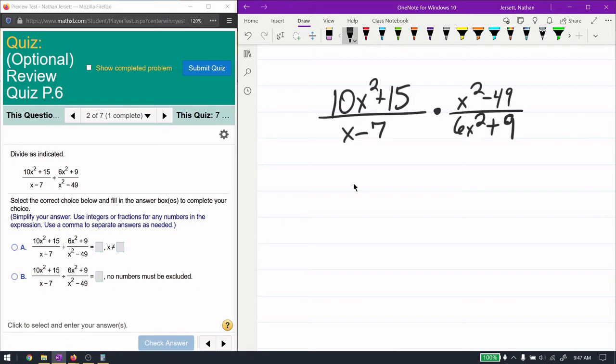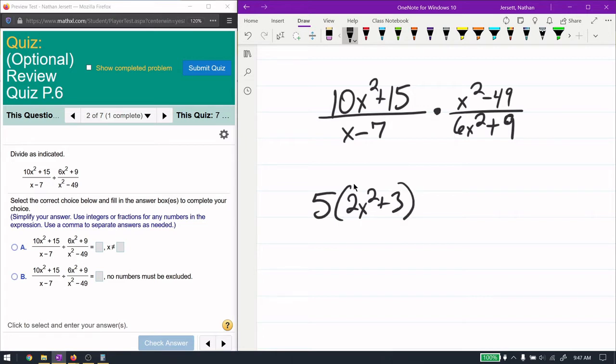Now we can do the same process we did last time: factor everything, ask what values give us 0 in the denominator, and then we can continue from there. So we can take out a 5 from this top term, but we can't do anything else there, giving us 2x squared plus 3.